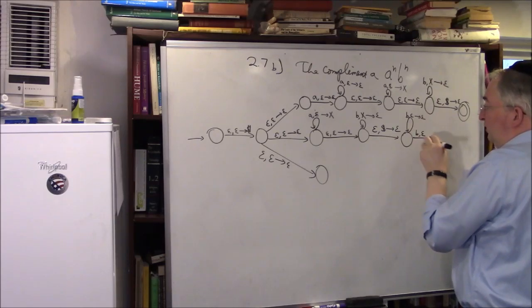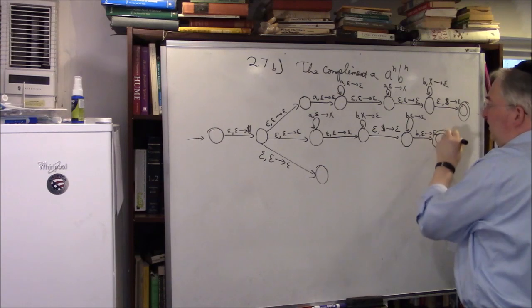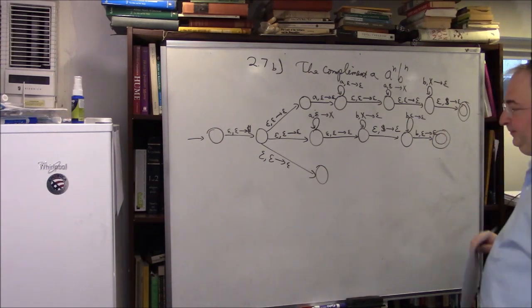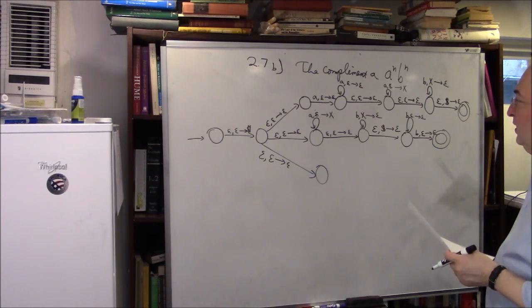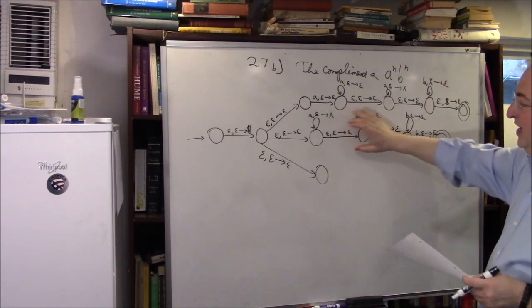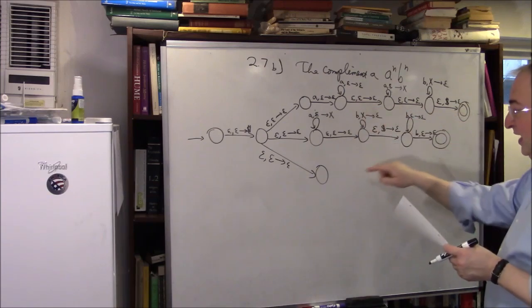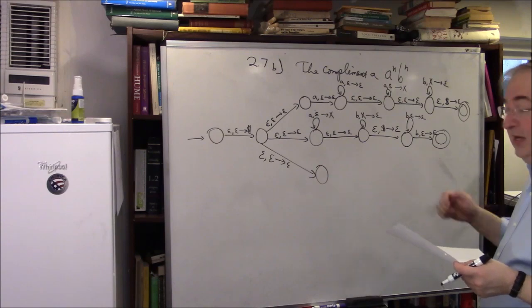If I made this a regular epsilon move, that wouldn't be good. At least one more B. Okay, so this top one is more A's than B's, this next one is more B's than A's, and this one is going to have that somewhere along the line I have a BA.